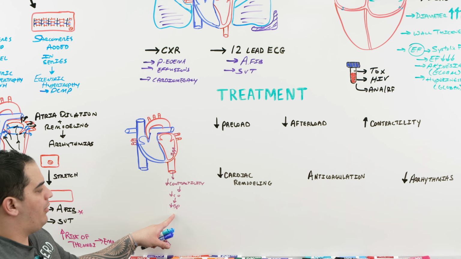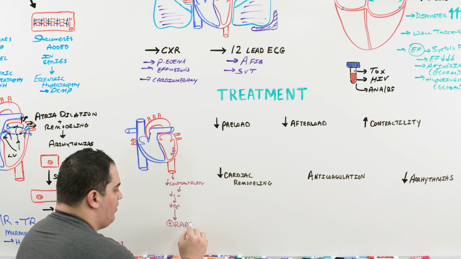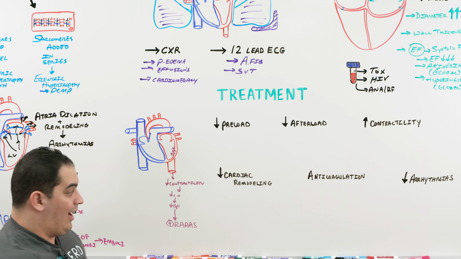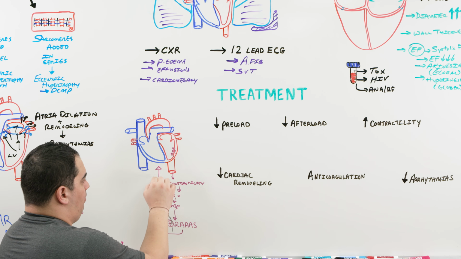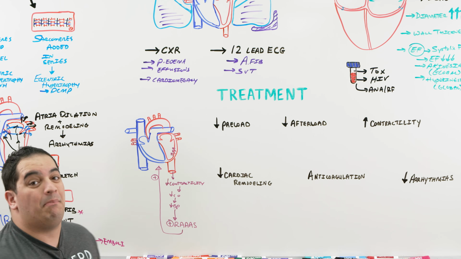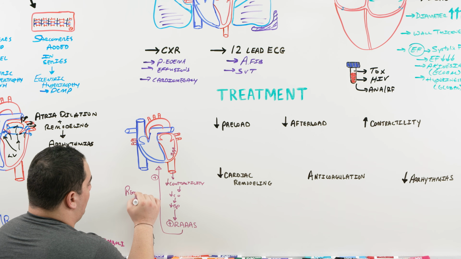Now, if you guys remember, the reduction in blood pressure, what is that going to do? That's going to stimulate your renin, angiotensin, aldosterone, ADH system. Now, what that will do is lead to a very interesting type of remodeling process. So this will lead to cardiac remodeling.